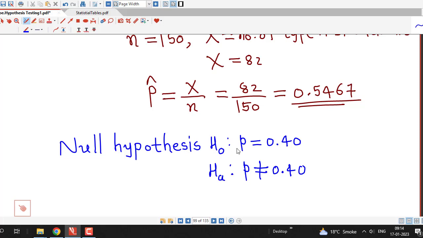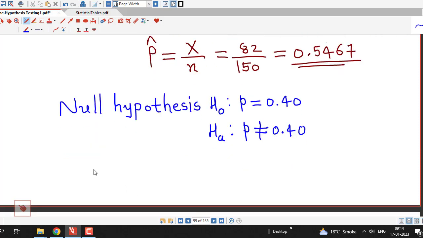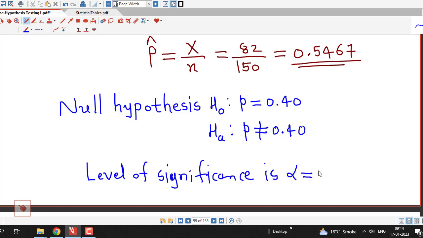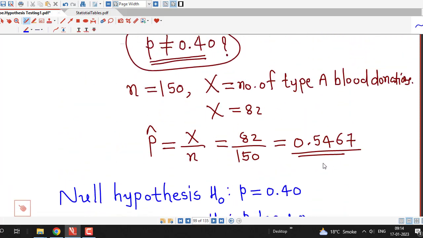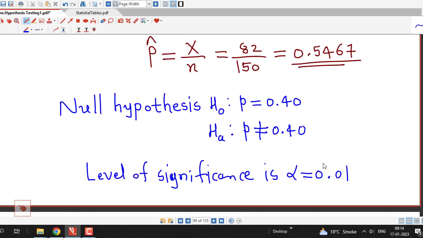So these are the null and alternative hypotheses. Now the level of significance is given as alpha equal to 0.01.